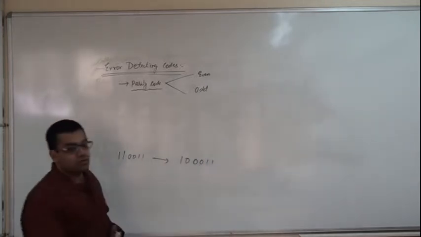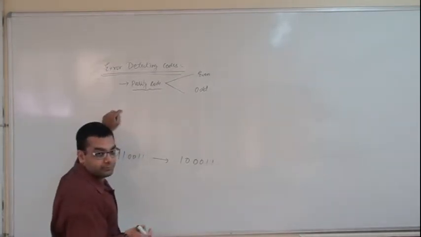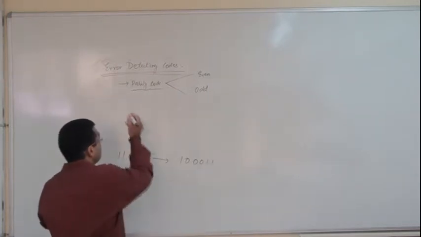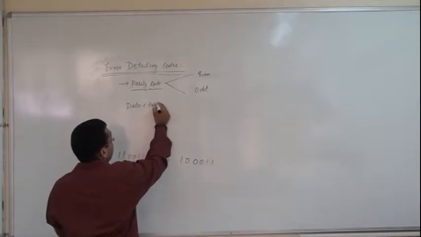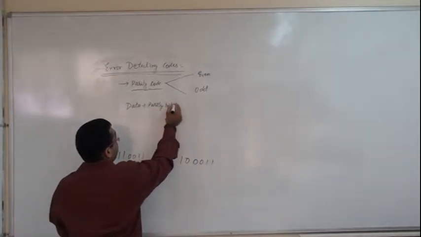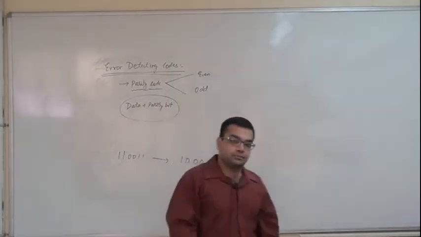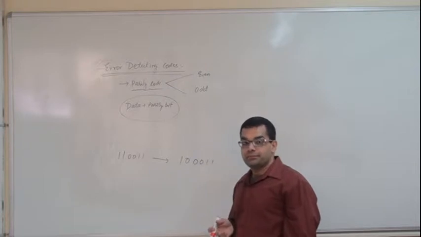Say for example, what is the actual concept of parity? Parity means parity bit or parity code. In the data that we are sending, we append a bit that is called the parity bit. So whatever data we are sending, we append a parity bit.